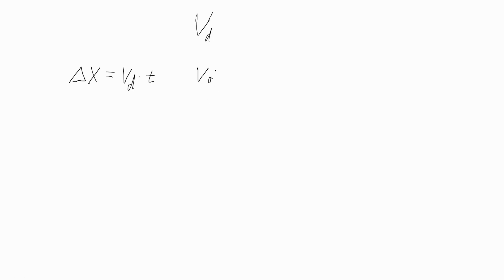I'm going to write VOL every time I write volume so we don't get it mixed up with drift velocity or voltage or all the other V's we have to deal with. Okay, so the volume is the cross-sectional area times the length, or the delta x, of the wire. And so we can substitute in Vd times t for that delta x. So here's one relationship that we're going to use.